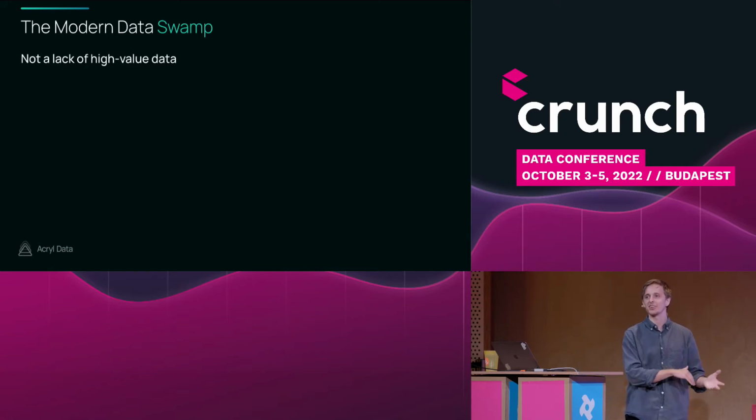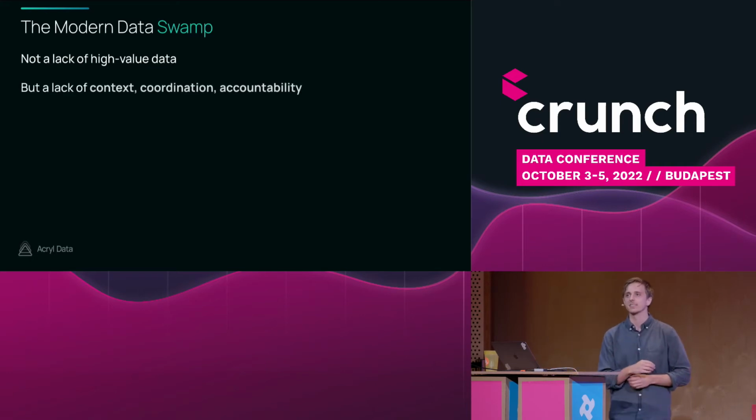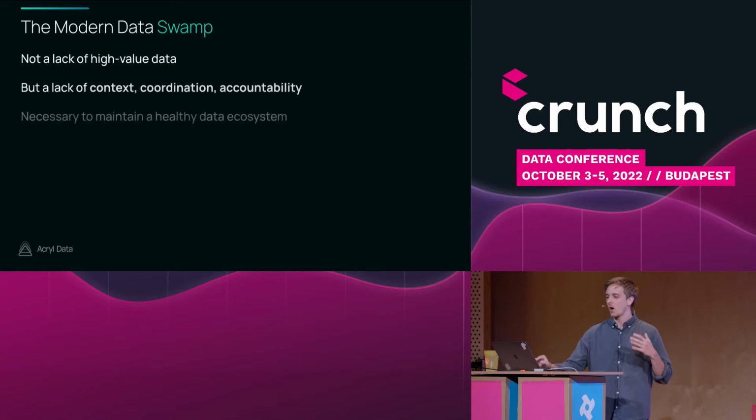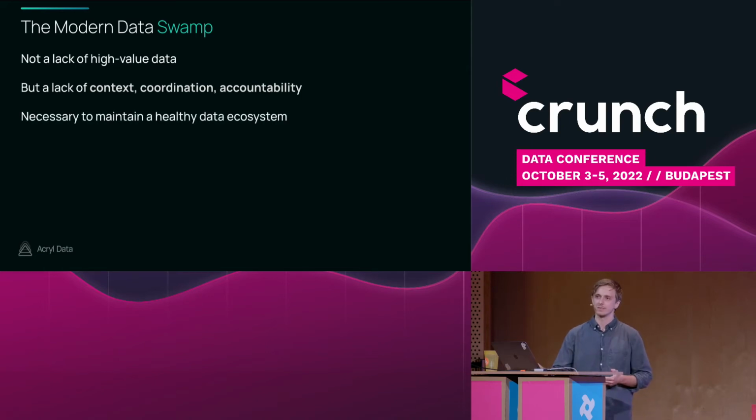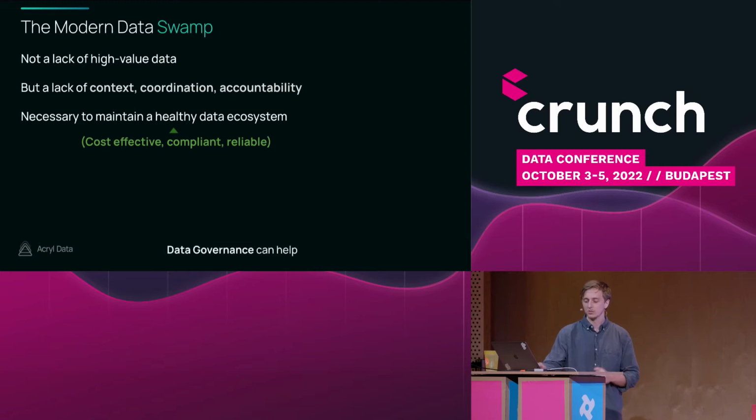It's not the traditional data swamp, right? But instead, it's a lack of context and coordination and accountability, right, that's required to maintain a healthy data ecosystem, where a healthy data ecosystem is defined as cost-effective, compliant, reliable, and scalable. And so this is where we think that data governance can really begin to help.